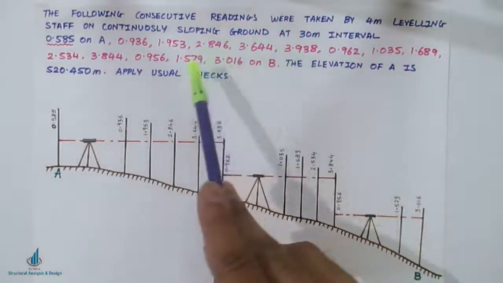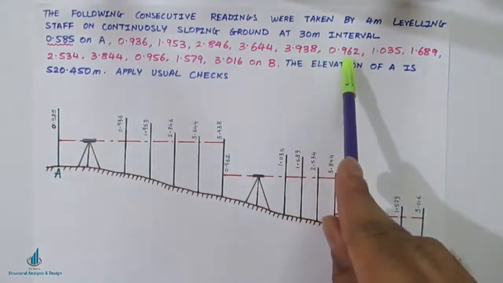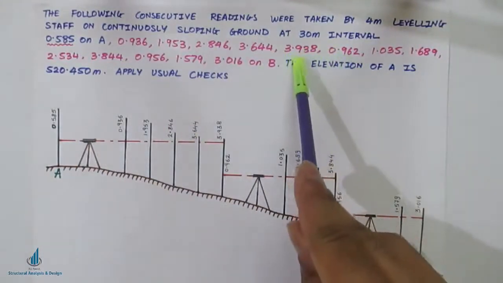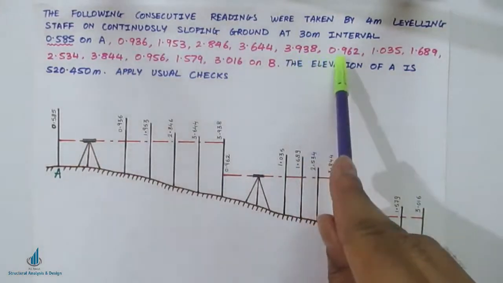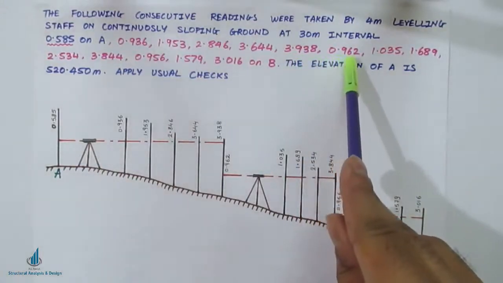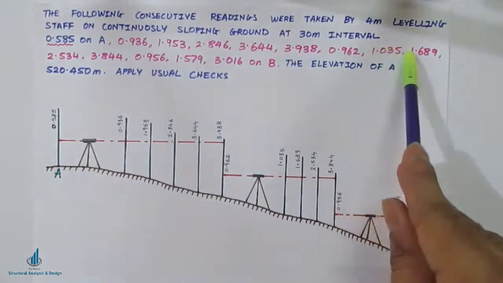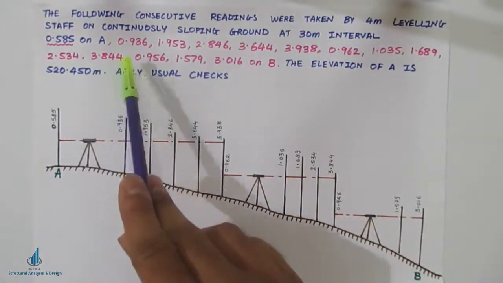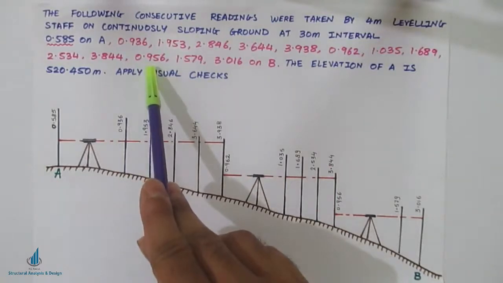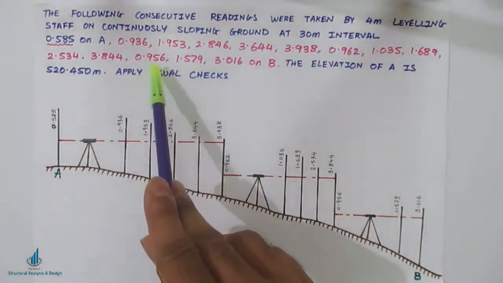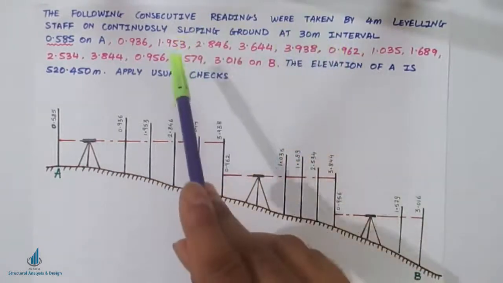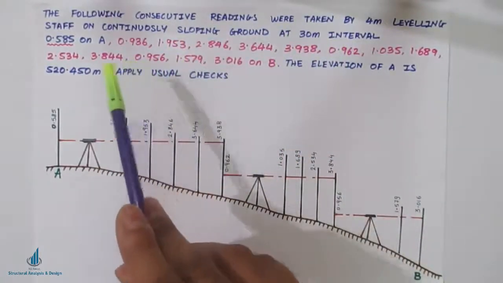But if you look carefully, there is a sudden decrease in the staff readings. After 3.938, it suddenly decreases to 0.962. Then again it increases till 3.844, but again suddenly decreases to 0.956. So here is the twist. From these readings, you have to understand that it is a change point.